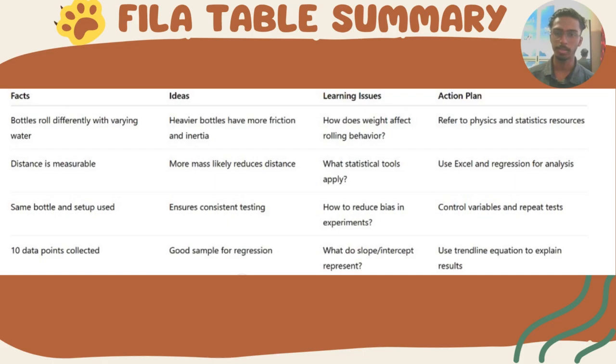Finally, for our action plan, we refer to physics and statistics resources to deepen our understanding. We use Excel and regression analysis to analyze our data, carefully control our variables to reduce bias, and use the trendline equation to interpret our results. This systematic approach helps us to stay organized and draw meaningful conclusions from our experiment.